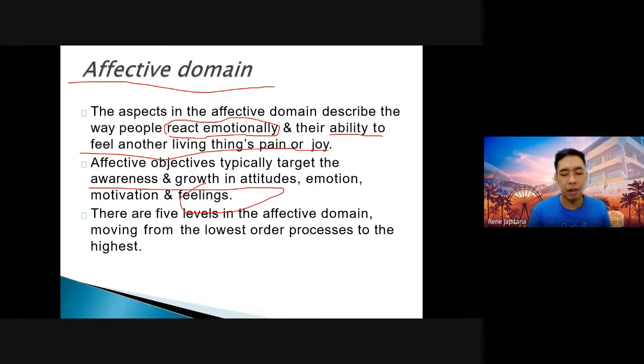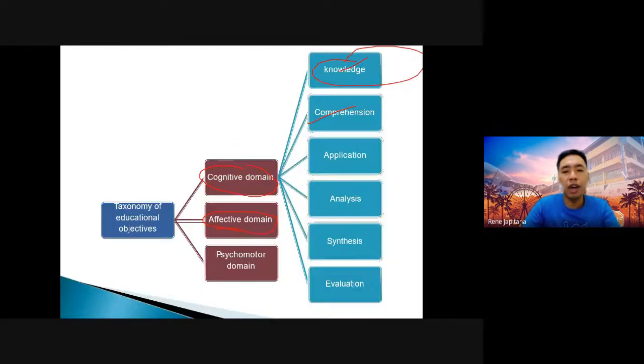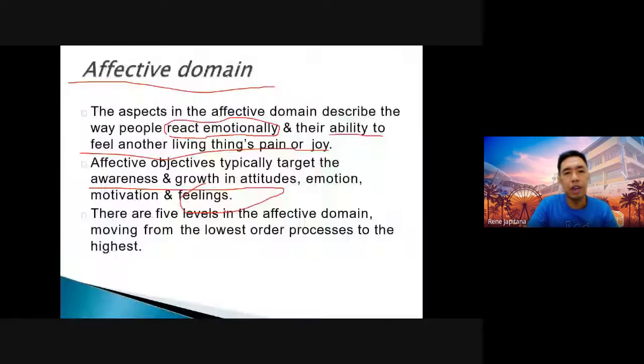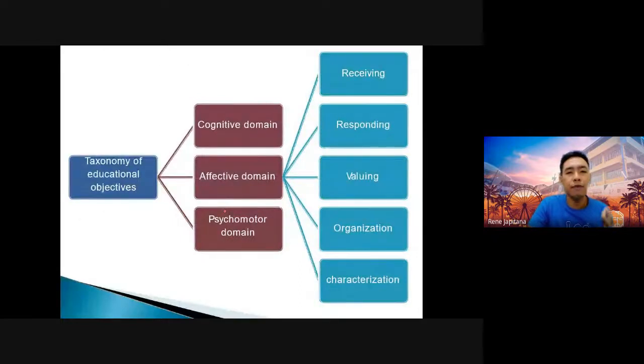There are 5 levels. Earlier, in the cognitive, we have 6 levels. Here in affective, we have 5 levels: receiving an emotion, responding, how to respond to the emotions or feelings, valuing, organization, how to organize the emotions that you have, and of course characterization of the emotions, the feelings. So, to repeat, these are the levels of affective domain.